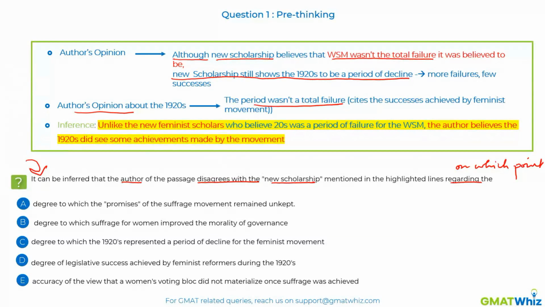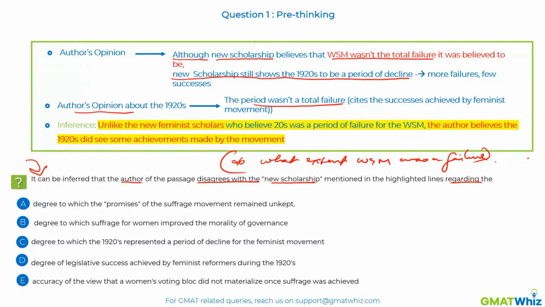So basically, we get that the author disagrees with the new scholarship regarding how much the WSM was a failure, to what extent WSM was a failure. This is the point on which the author disagrees with it. The new feminist scholars believe it was a failure, and the author believes it wasn't that big a failure.